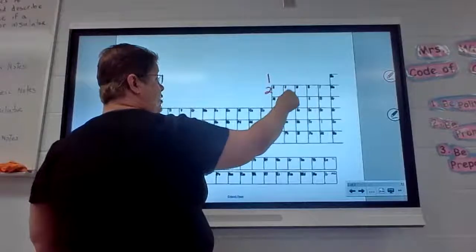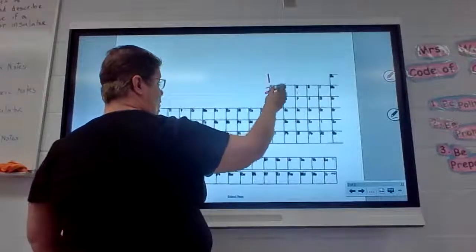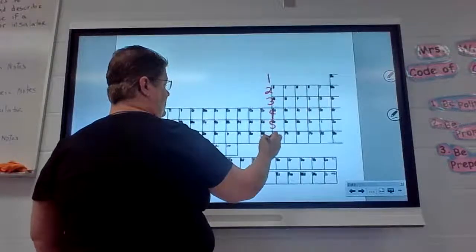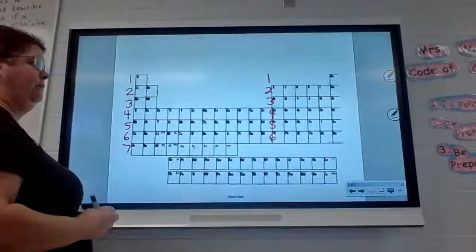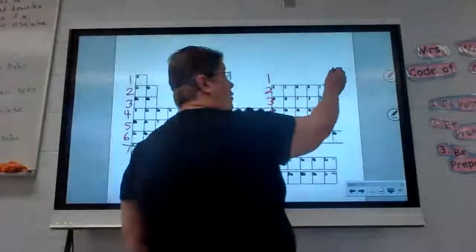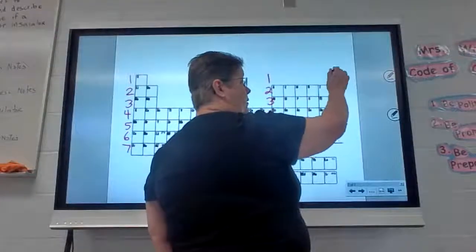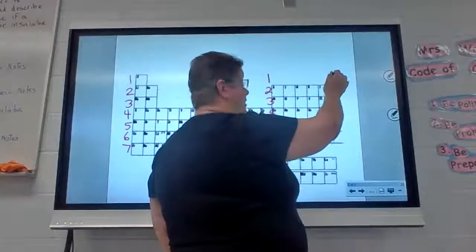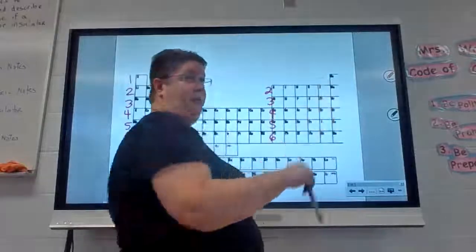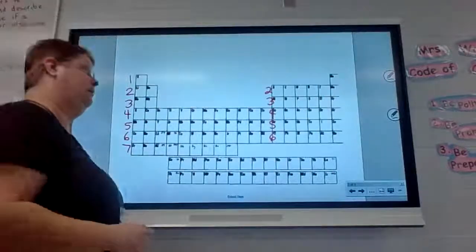P. P starts at what number? So 2, 3, 4, 5, and 6. So we don't write the one. You don't have to. You can if you want to because this is what block right here for helium? S. And some people like to write the 1 for S. I don't, but some people do. So I'm giving you that option.